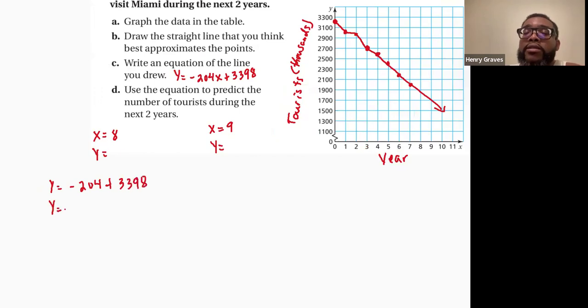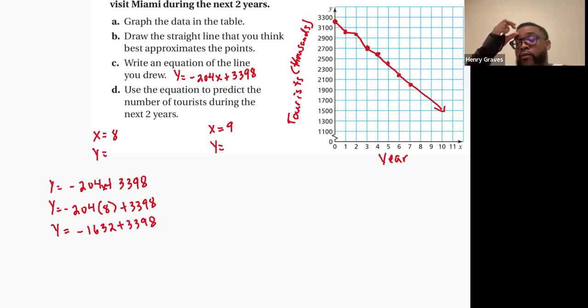It's supposed to be x. Sorry about that. Okay, I'm going to do my work. 1632 plus 3398.